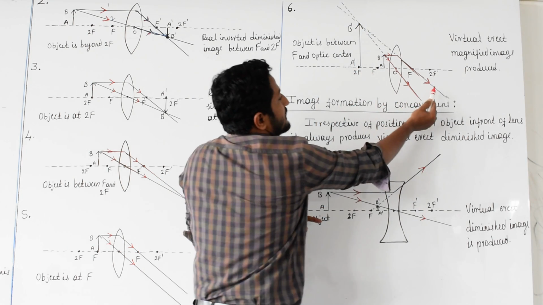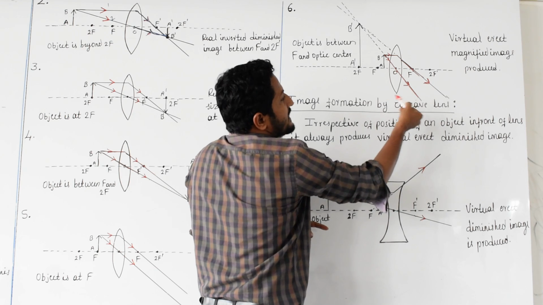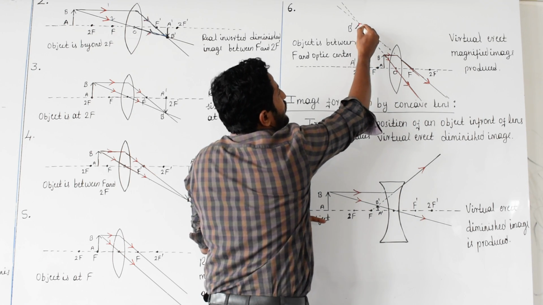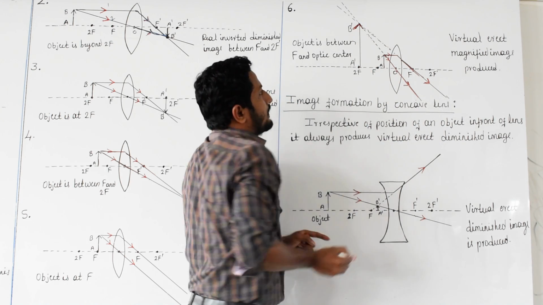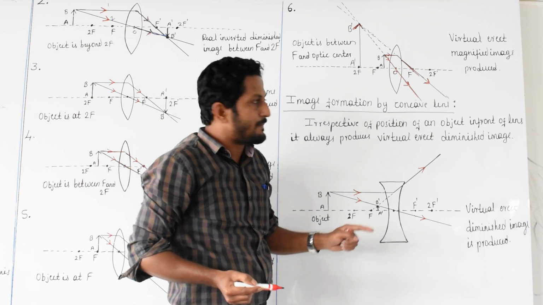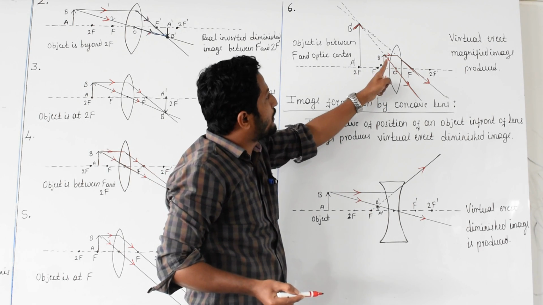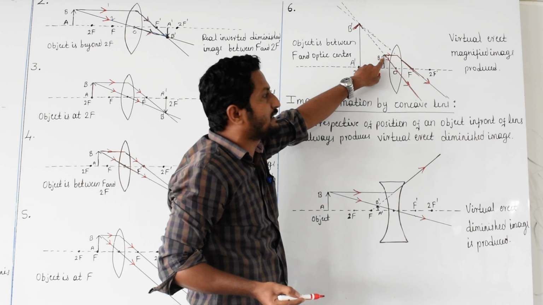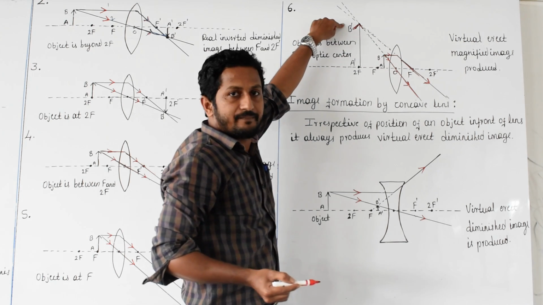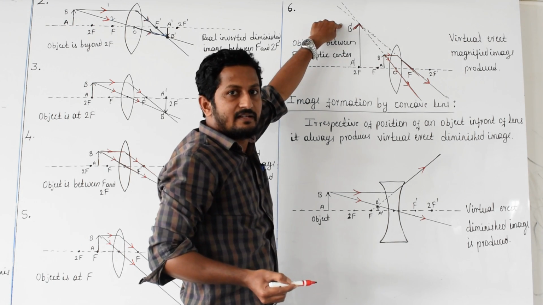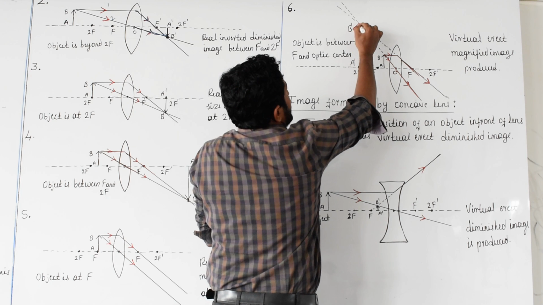I mean, these two light rays look like they are coming from somewhere here. Okay, getting what I mean to say? That's why they are going to produce the image of this top point here.